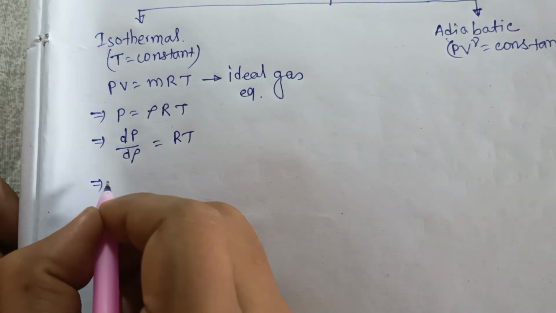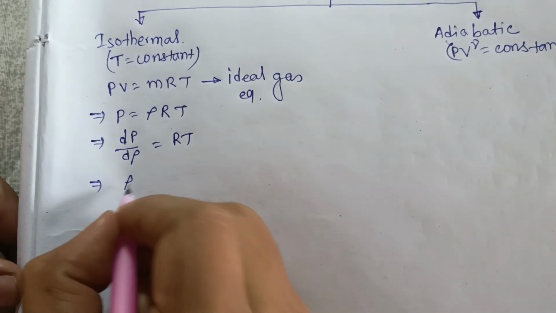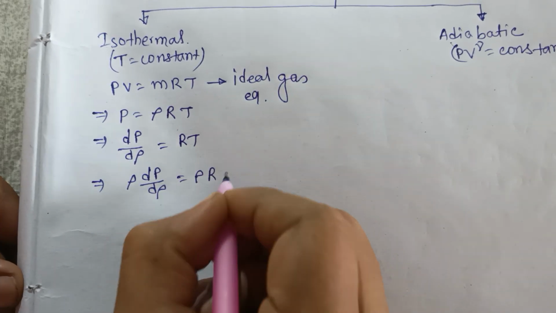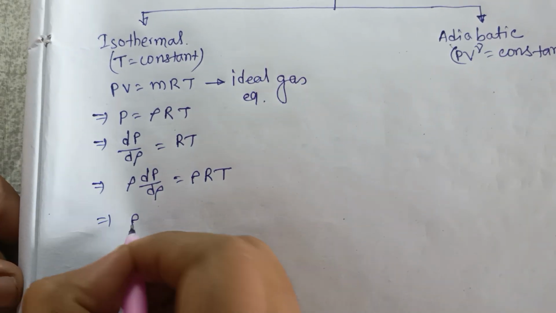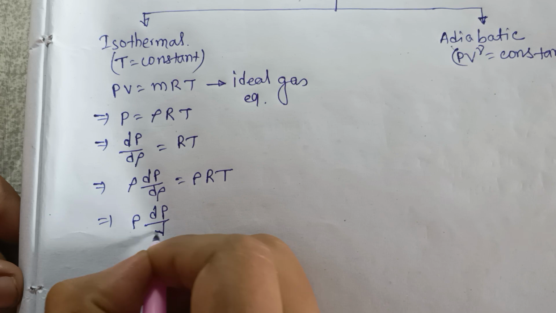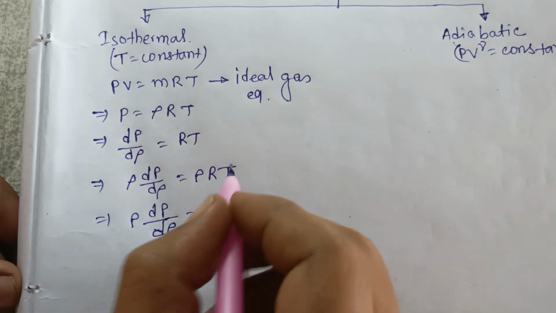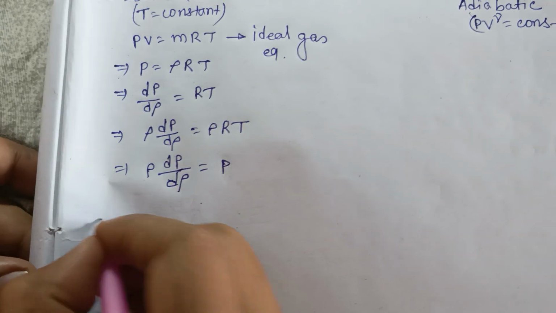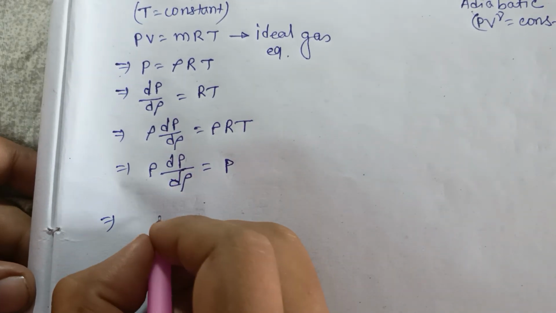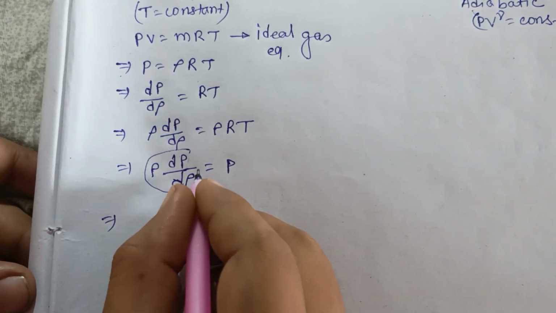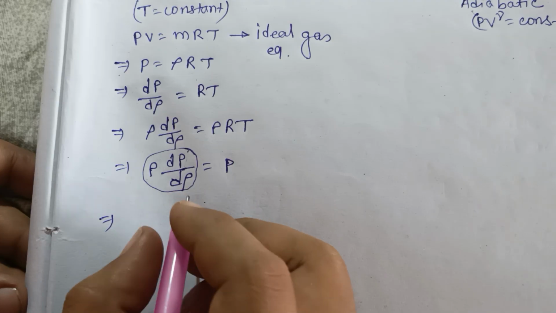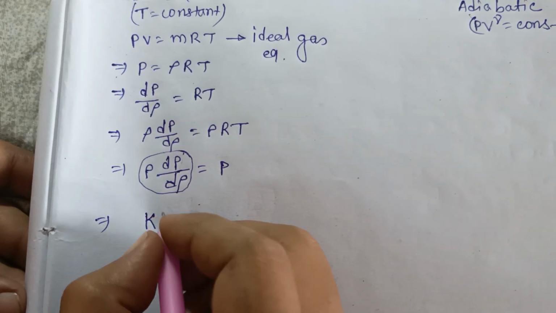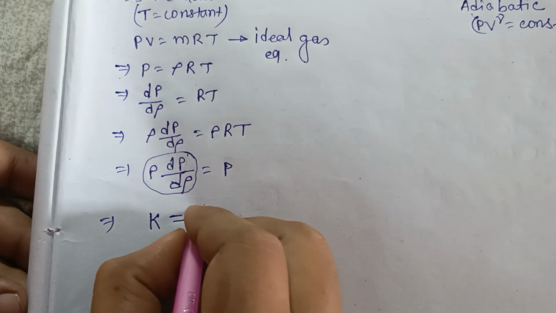If you multiply rho on both sides, rho into dP by d rho is equal to rho RT. What is rho RT? That is P. So rho into dP by d rho, that is the bulk modulus K. So K is equal to P.